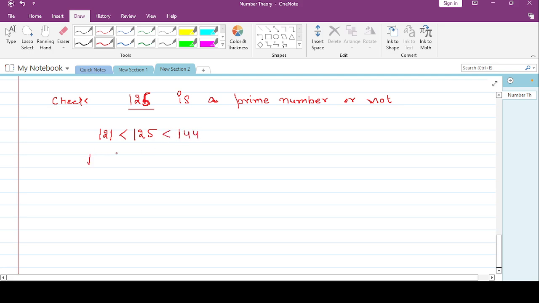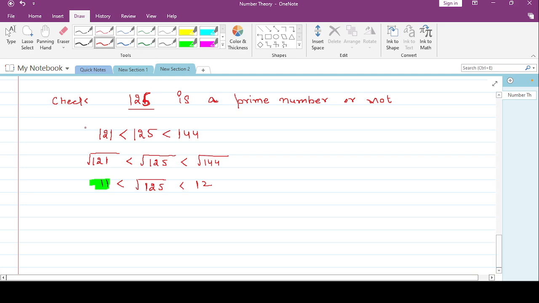Now take the square root. Square root of 121 is less than square root of 125, which is less than square root of 144. Now what is the square root of 121? It is 11, less than square root of 125, which remains as such, and square root of 144 is 12. Now notice what number you have on this side. It is 11.